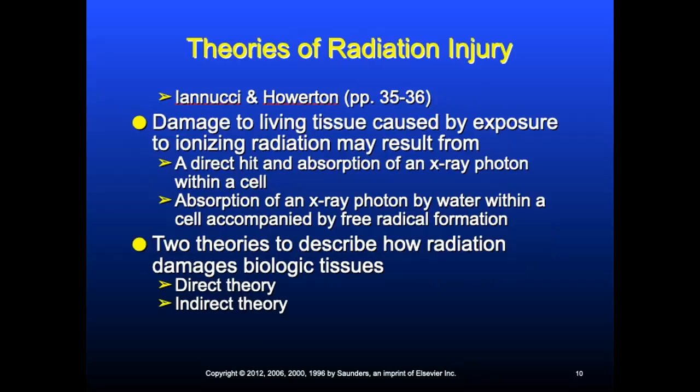So this doesn't happen very frequently, and the reason being is because most of the X-ray photon radiation passes through the cell and little damage is actually made. The indirect theory happens when photons are absorbed within the cell and cause the formation of toxins, which in turn damages the cell. So when the X-ray photons are absorbed by water within a cell, a free radical formation results. It's that free radical that combines to form toxins that damages cells.